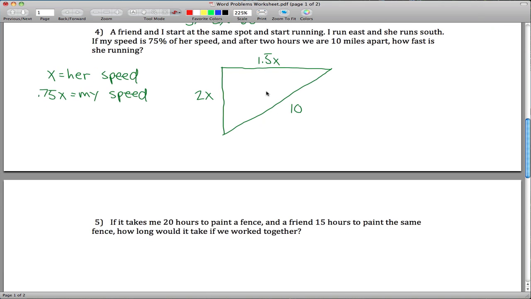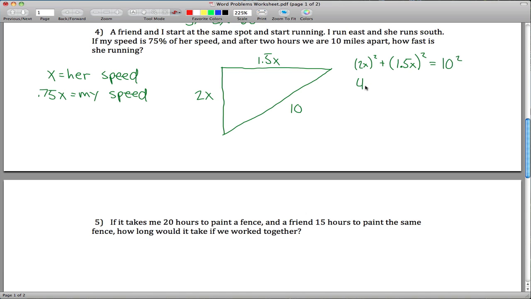So we got this equation right here that we can solve using the fact that this squared plus this squared equals this squared. So (2x) squared plus (1.5x) squared is equal to 10 squared.